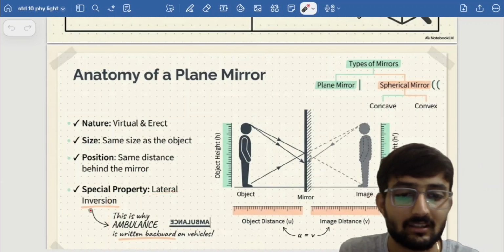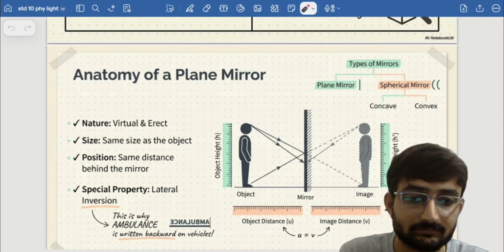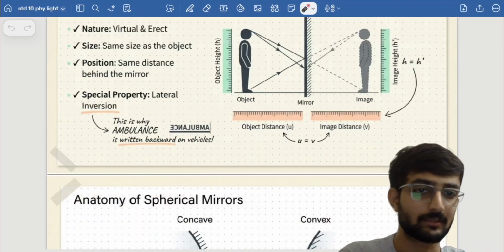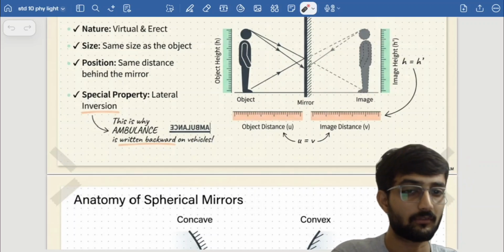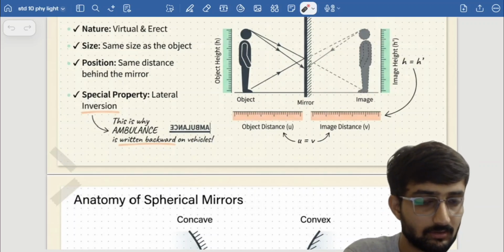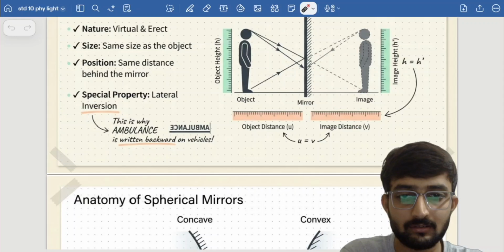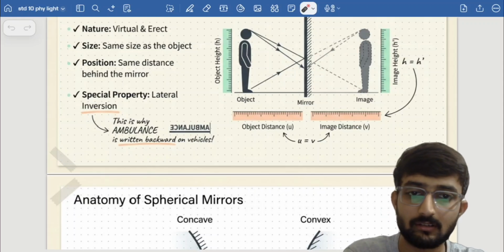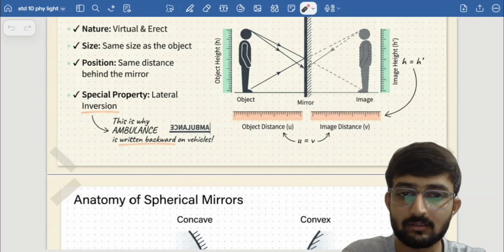Okay, so can anyone tell me why the word ambulance is painted backward on the front of emergency vehicles? If you know the answer, then please write it down in the comment box of this video and send it to us.